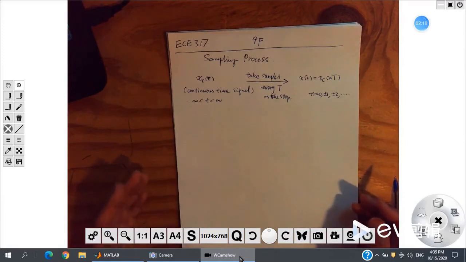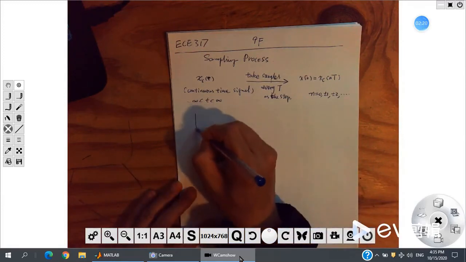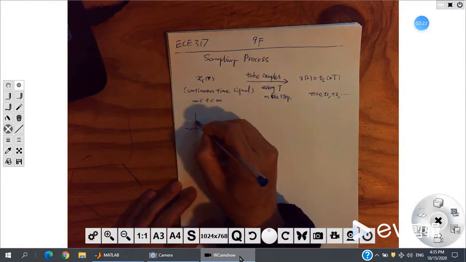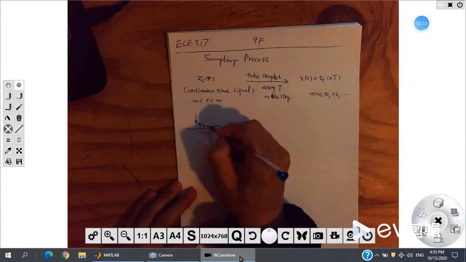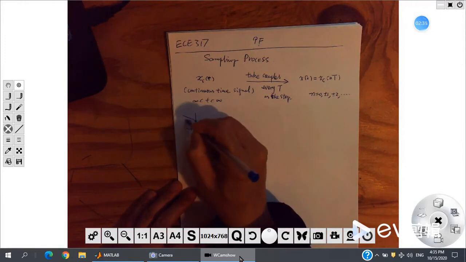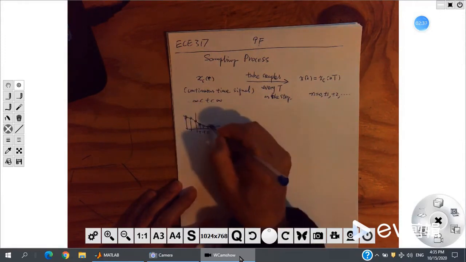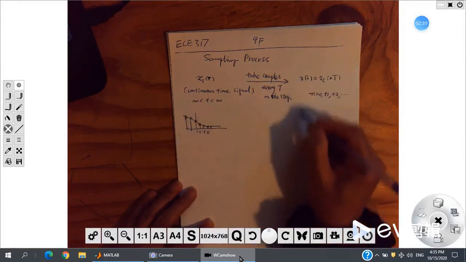You take samples. For example, you have a signal, then every T, 2T, 3T, you take a value, and you take a value. This side you have more, right? You take values, and then you have x of n.